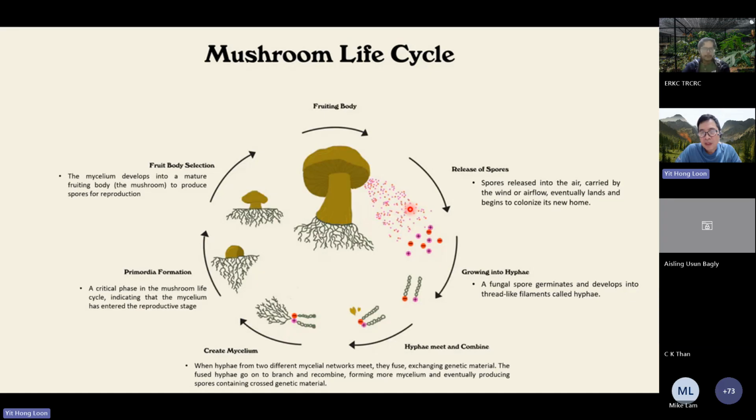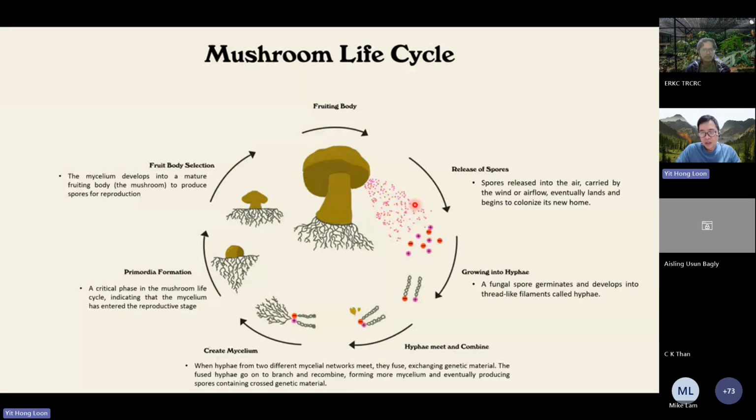The spores are very tiny and very light, carried by the wind, actually floating in the air. Eventually they will land on an area like dead wood, dead tree branches or leaf litter, and start to colonize that area.